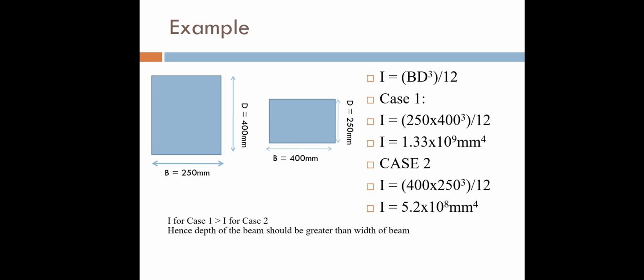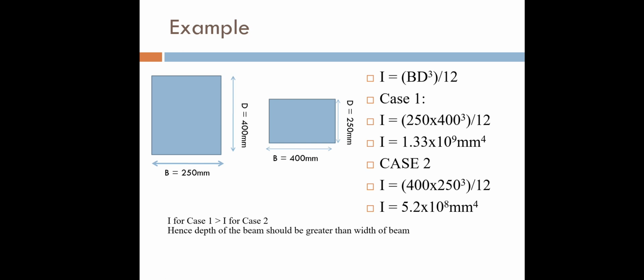Next, in order to have better clarity of this concept, I have come up with this numerical. I have taken a beam cross section with width equal to 250 mm and depth equal to 400 mm in the first case, and the second case is reversed, where B is equal to 400 mm and depth is equal to 250 mm.